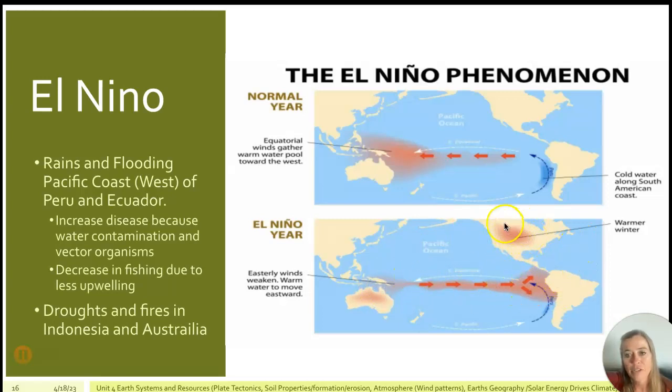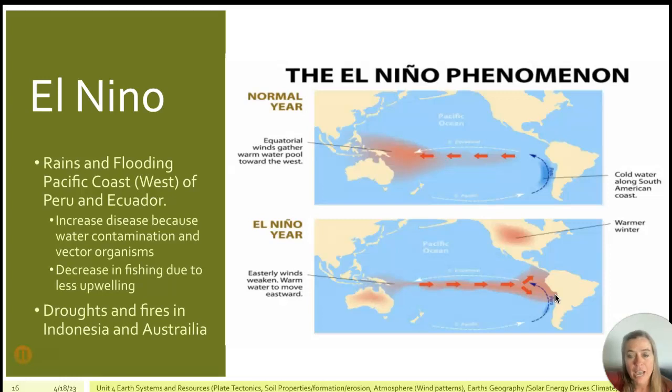In addition to that, you typically have a warmer winter in the United States. You need to know that. You're going to have fires, droughts in the United States, Indonesia, and Australia. This can cause increases in disease because oftentimes this area of South America doesn't have good sewage treatment systems, and so things like cholera and other bacteria transmitted diseases are going to get into drinking water.